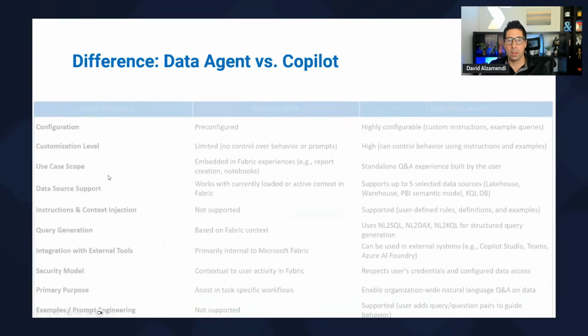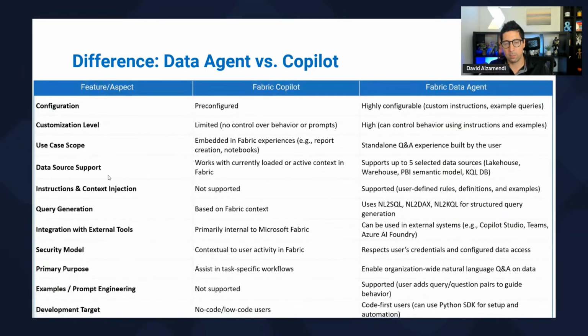Then you have to understand the difference between Fabric Copilot, as well as Power BI Copilot, and Fabric Data Agents. There are fundamental differences between these two technologies. First of all, the Power BI Copilot experience is really good because it's able to take advantage of a lot more grounding data.